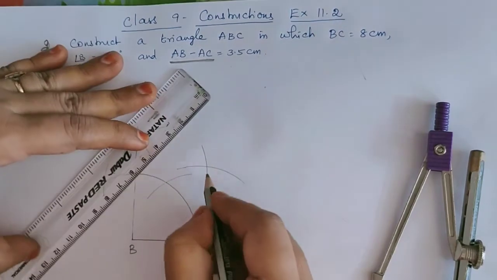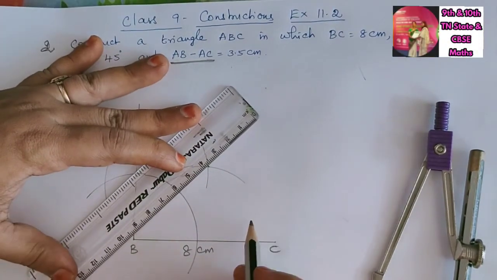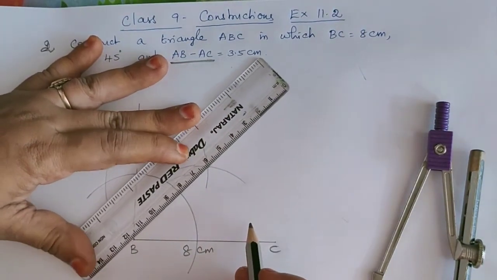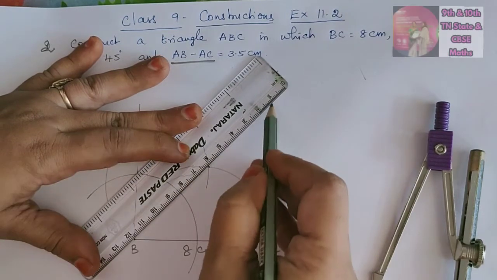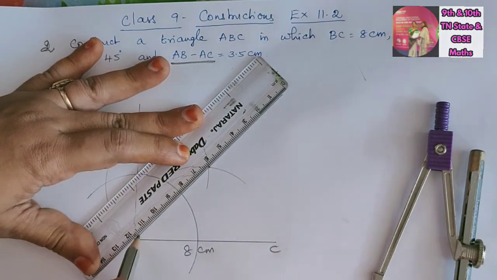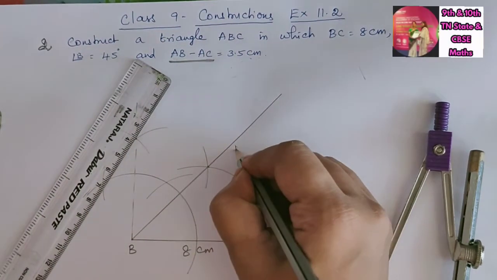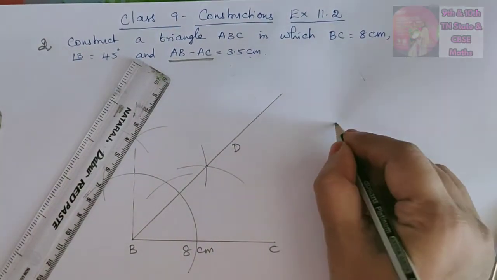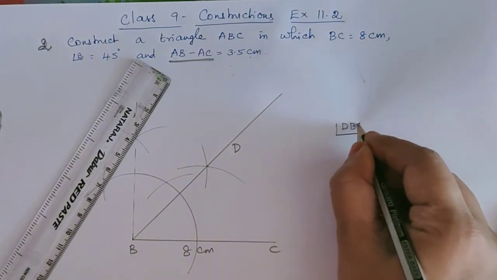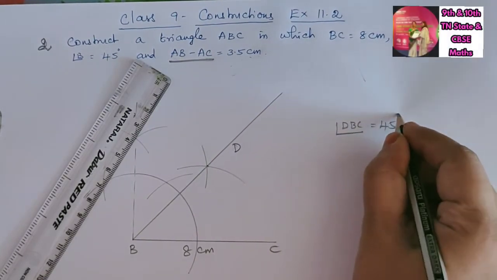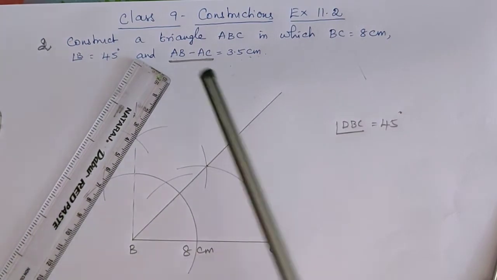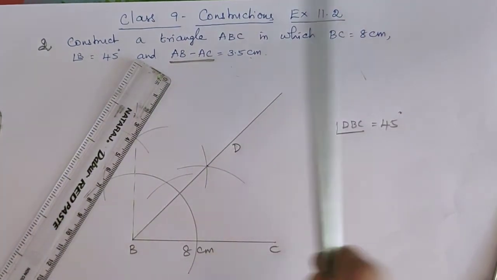So we mark that as D. That angle as D. So DBC is 45 degree.